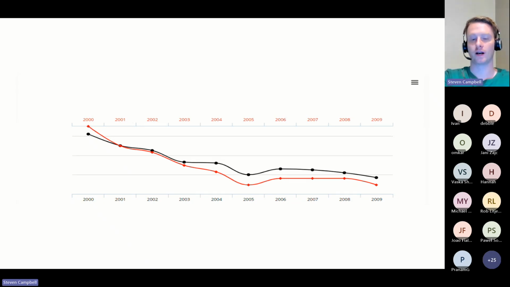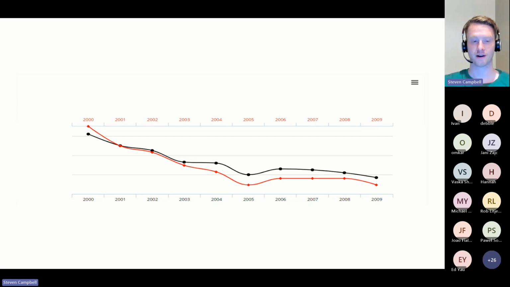Now, if I looked at this, I could see that from the years 2000 to 2009, these are pretty related. If I put these two on a graph like this and displayed the data in this way, to me that would very well show the point: as the black goes down, the red also goes down. We can see even in 2005, they both bounce back.